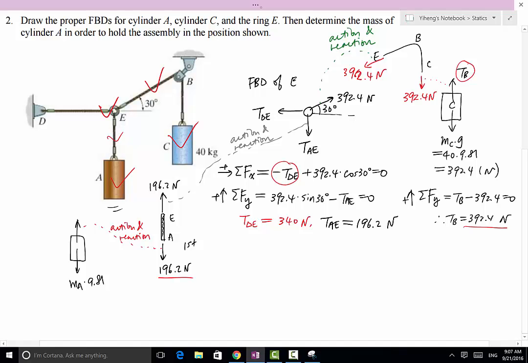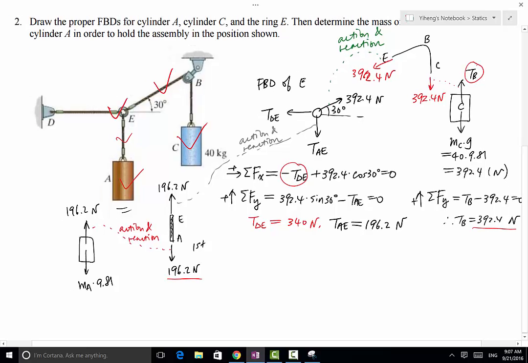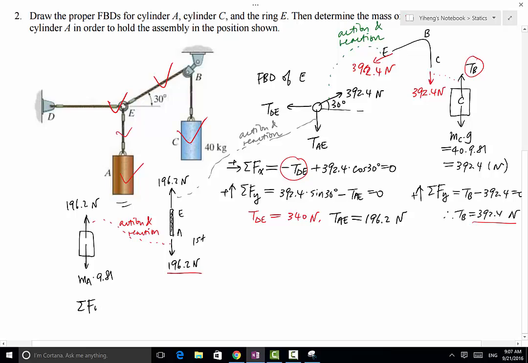Therefore, this force right here equals 196.2 Newton. Therefore, we apply Newton's first law one last time. Resultant force along the y direction, positive up, equals 196.2 minus MA times 9.81, and this equals 0. Therefore, from here we can solve for MA, which equals simply 20 kilogram. And that's the final answer for this problem.